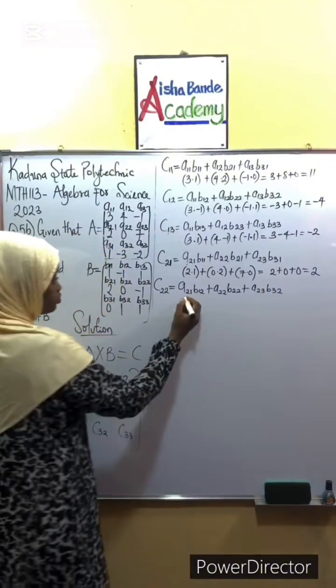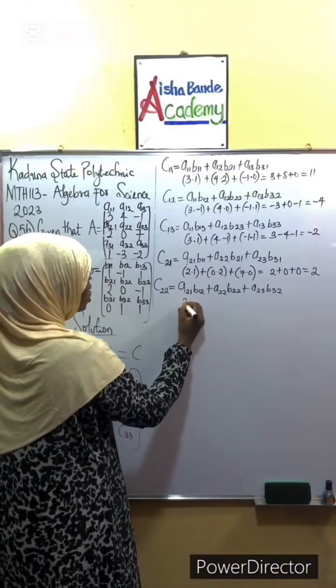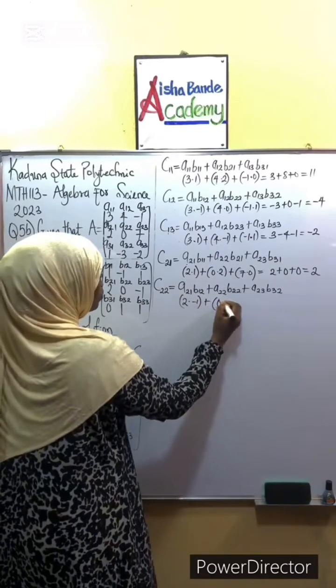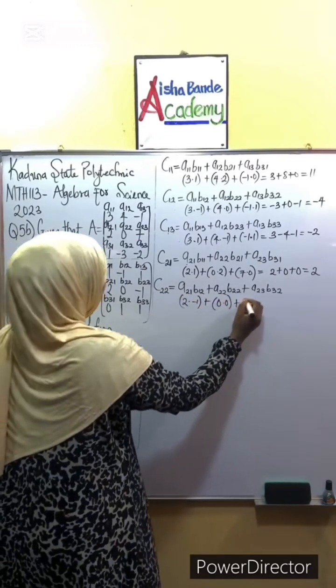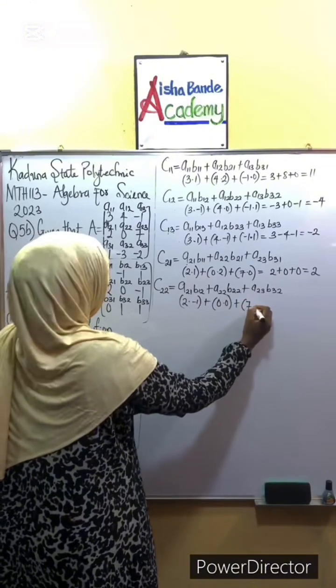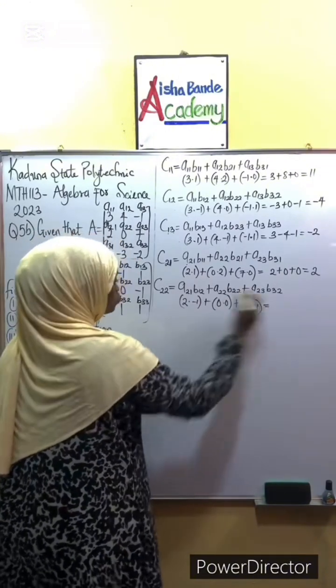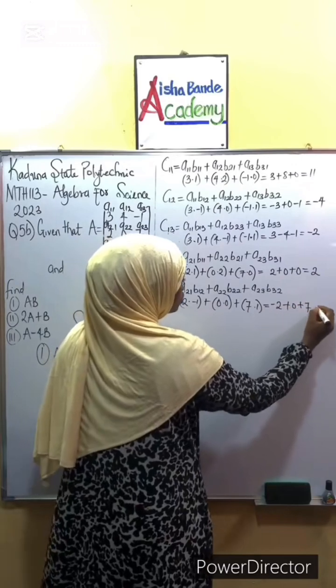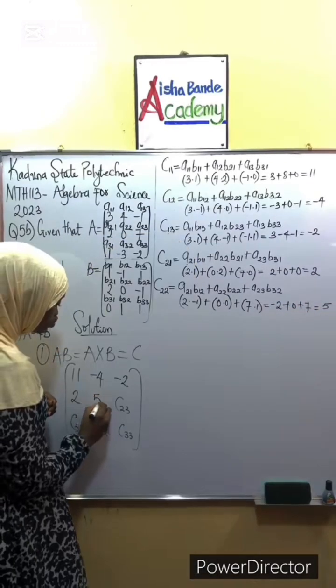Okay, so let's substitute. So this is 2 multiplied by minus 1, plus 0 multiplied by 0, plus 7 multiplied by 1. So this is equal to 2 times minus 1, which is minus 2, plus 0, then plus 7. So C22 is going to be 5.